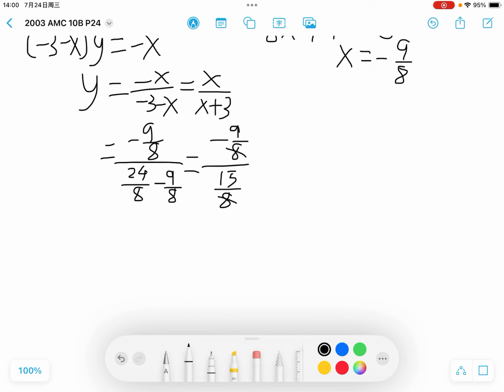So the 8's cancel out, and we have negative 9 over 15, which we can cancel out a factor of 3 from. So we have negative 3 over 5. So y is just negative 3 over 5. So now we have x and y. x is negative 9 over 8 and y is negative 3 over 5.